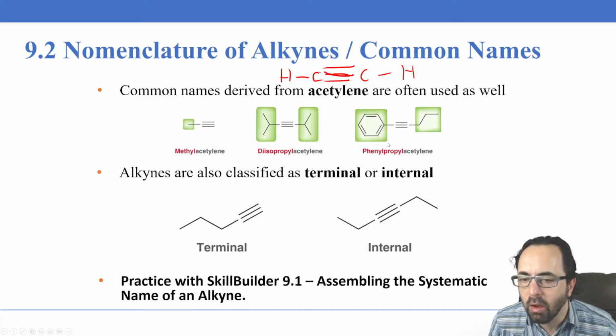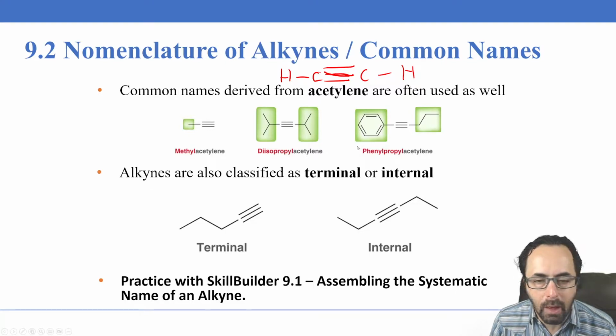So it's sometimes common to name an alkyne, instead of with the IUPAC systematic name, by listing the groups that are attached to the carbons involved in the carbon-carbon triple bond in front of the name acetylene. This is something you might see here and there, but it's not our preferred way of naming, right? I always ask you to use the IUPAC systematic naming system when you're doing this.